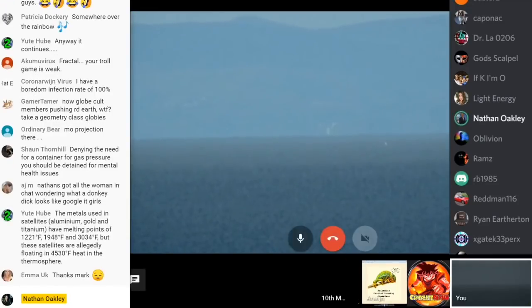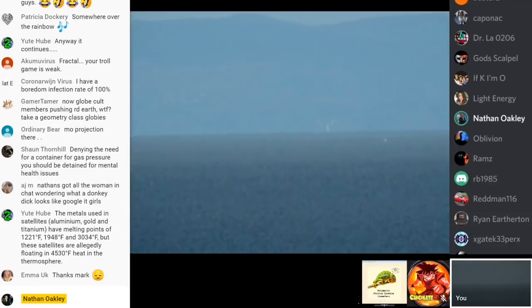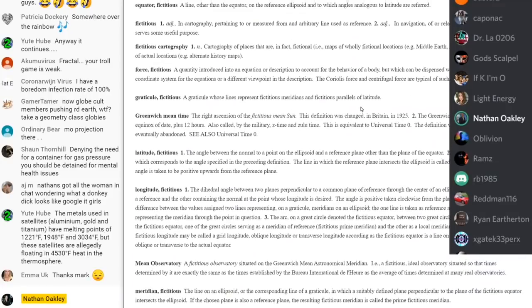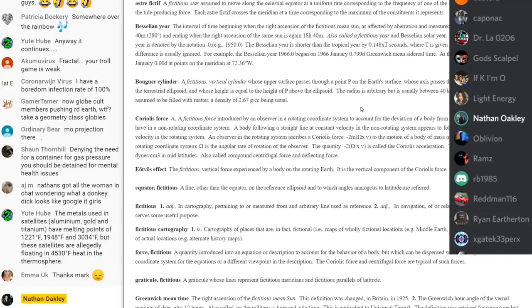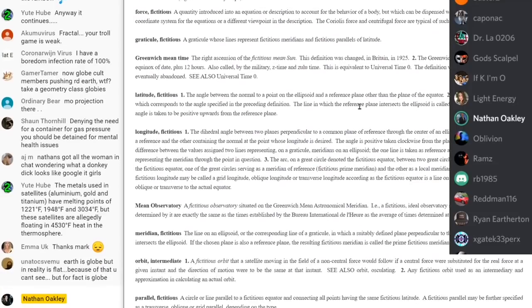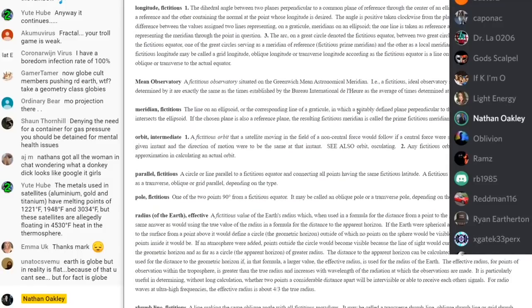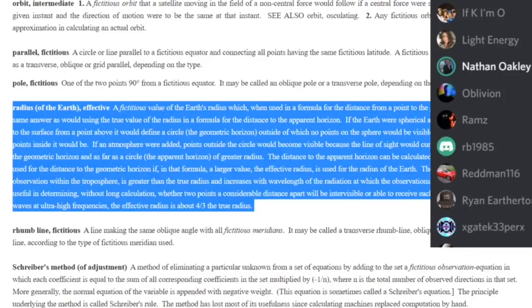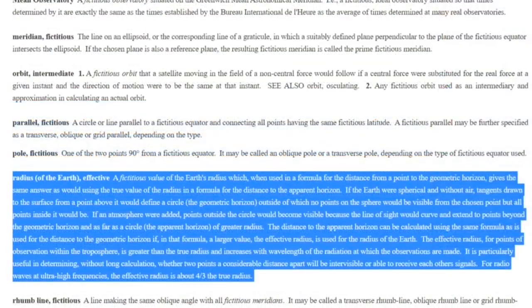Yeah, and if you just go read the radius of the Earth effective, I'll just read that one since that's the topic. A fictitious value of the Earth's radius, which when used in a formula for the distance from a point to the geometric horizon, gives the same answer as would using a true value of the radius in a formula for the distance to the apparent horizon. If the Earth were spherical and without air, tangents drawn to the surface from a point above it would define a circle, the geometric horizon, outside of which no points on the sphere would be visible from the chosen point, and all points inside it would be.